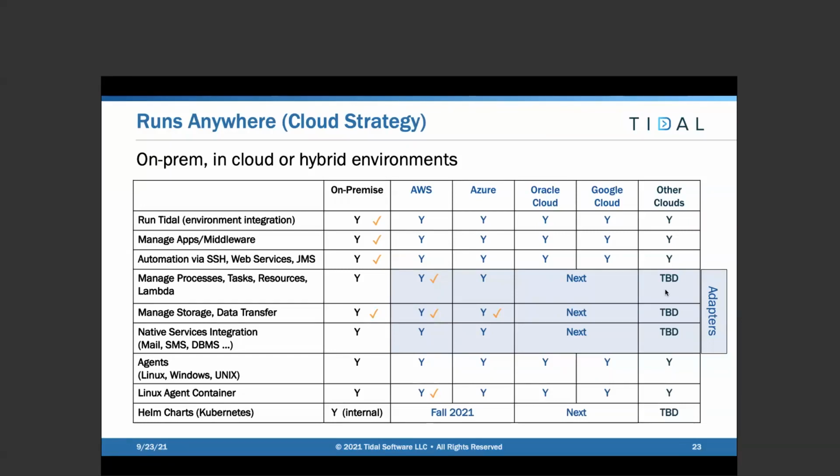We've touched on Tidal running in AWS and Azure today. It's shown the Linux agent container, which can be spun up and spun down, and also gives you the ability to self-register. You don't have to connect to the agent by configuring it in the master. You simply put the agent in a container and give it guidance on where the master is going to be so it can go and check in.